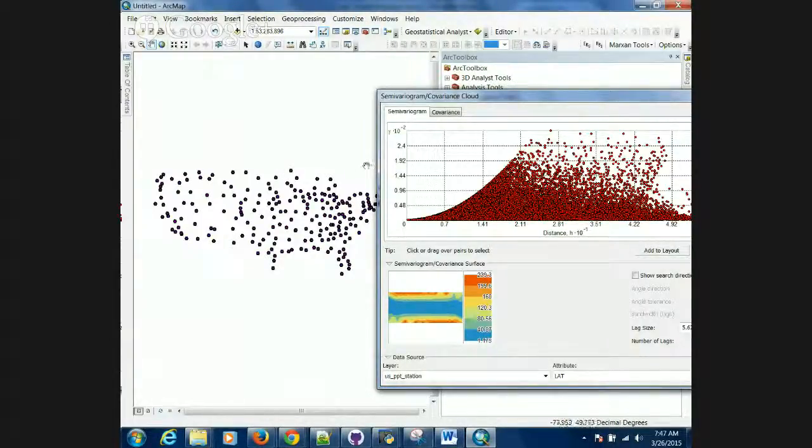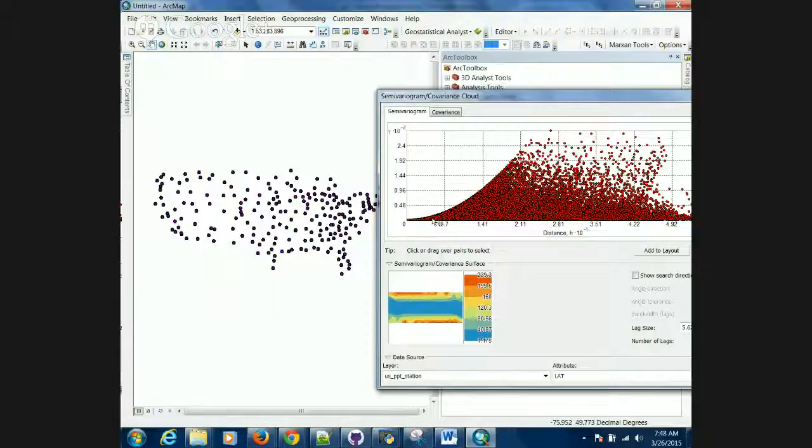Okay, and so with this variance covariance cloud, you can highlight things, and it will show you all the pairs, because what it's doing when it's making this cloud is taking all of the pairs of all of the data and plotting them according to their distance.